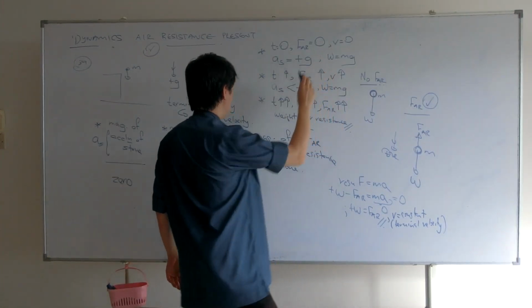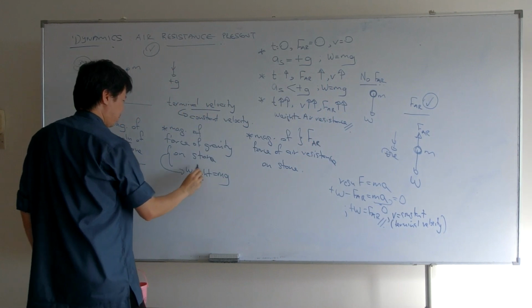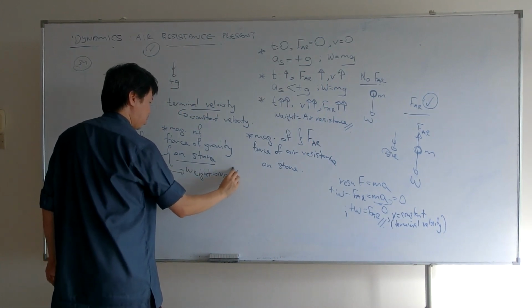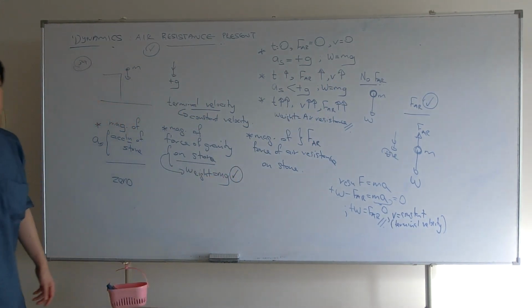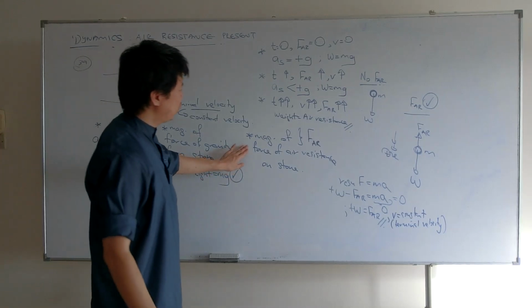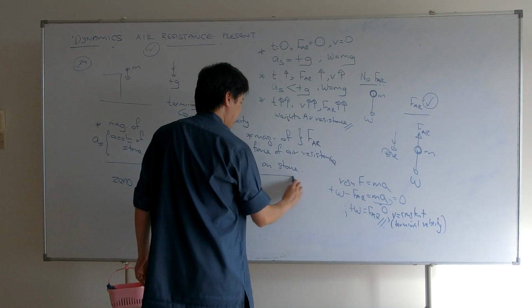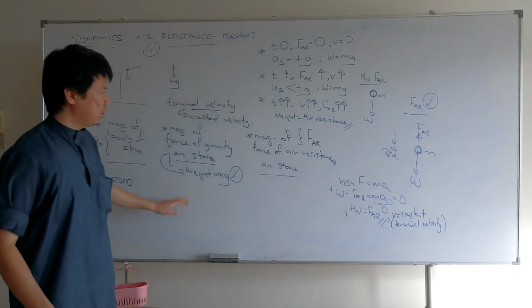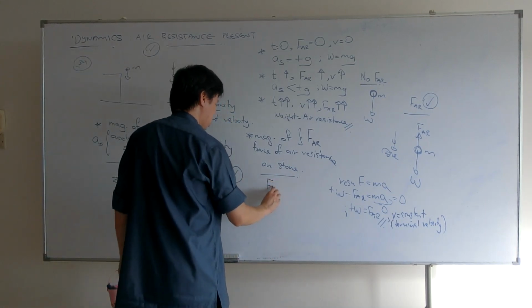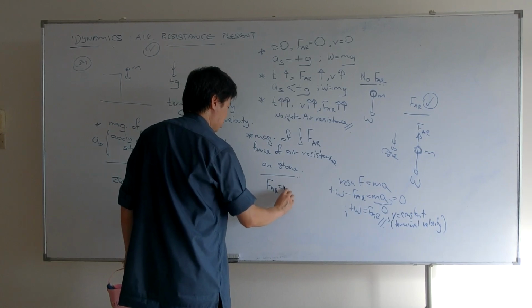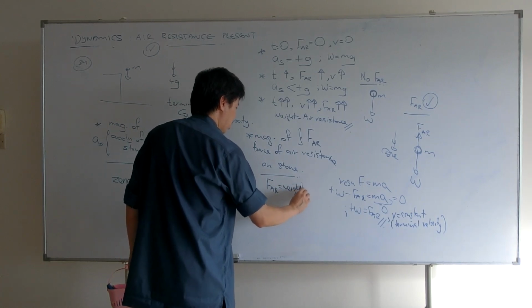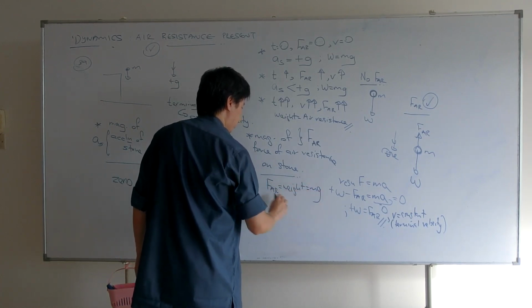Your weight still remains the same. So in this case, weight is always mg. And what happens to air resistance? Your air resistance will be equal to your weight, which is mg.